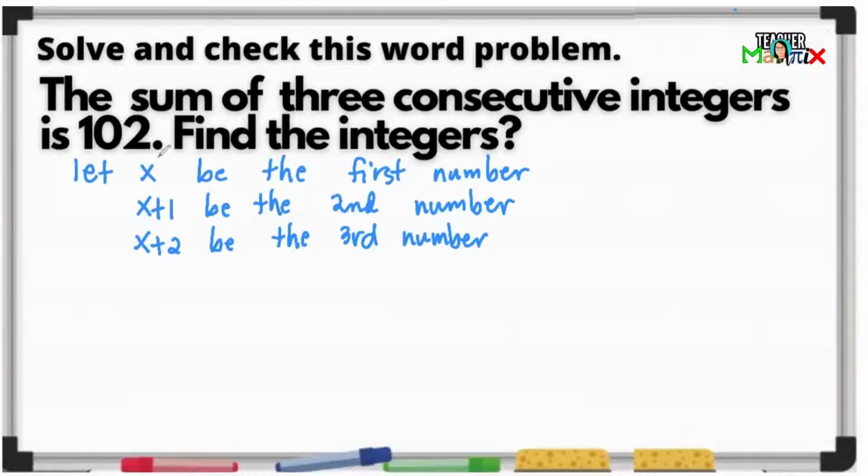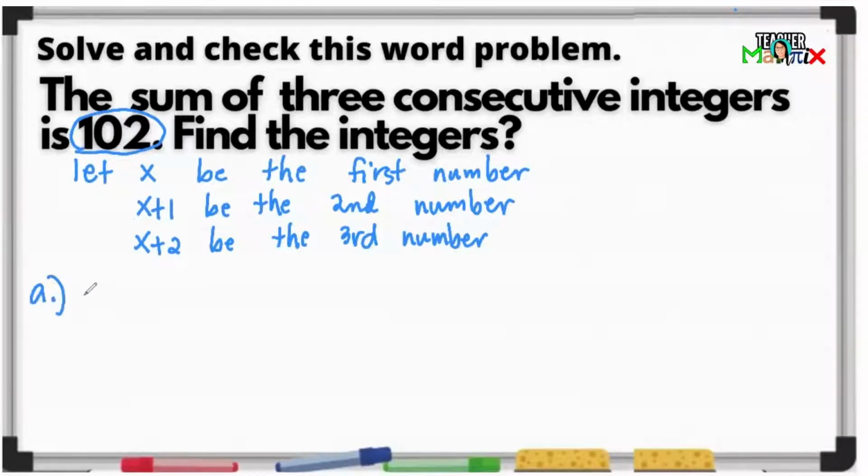According to the problem, the sum is 102, meaning you have to add all these expressions, including that single variable. So let's do it this way.